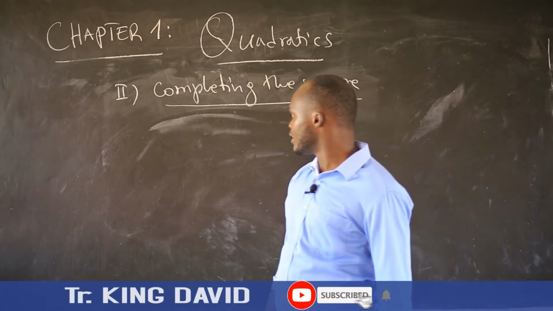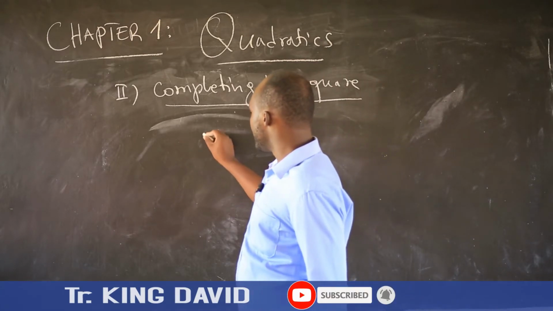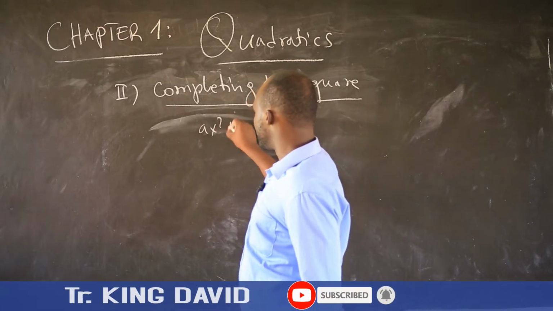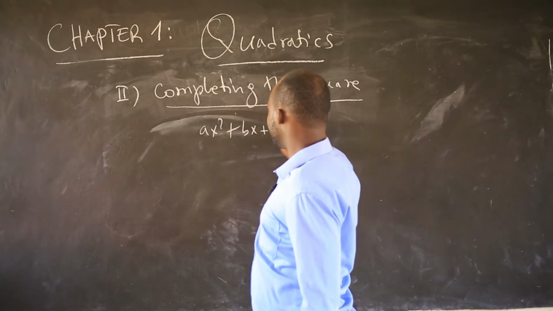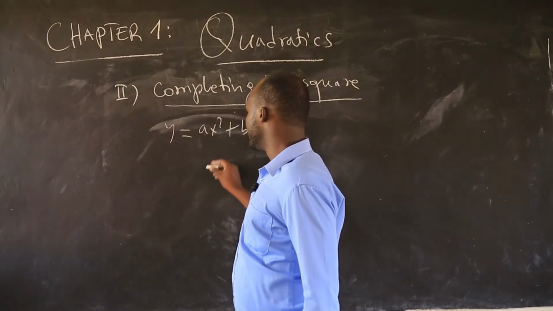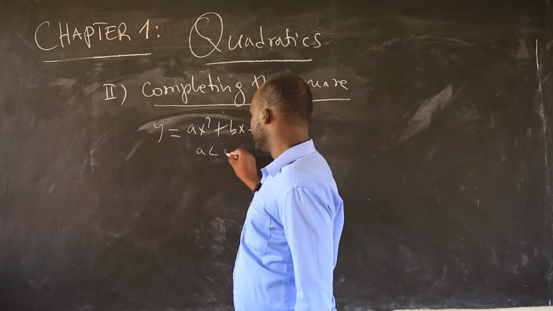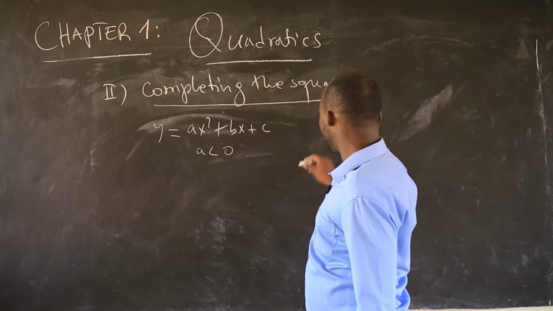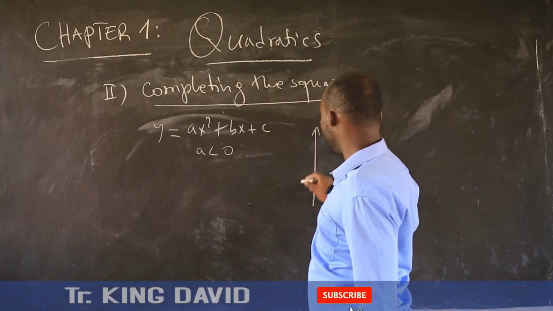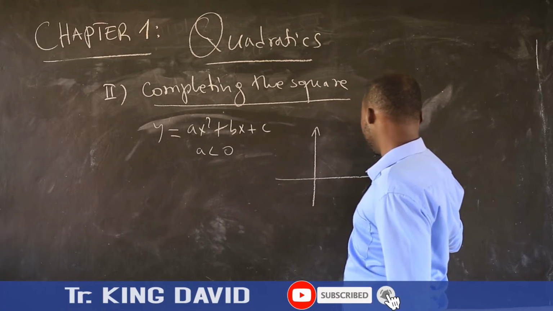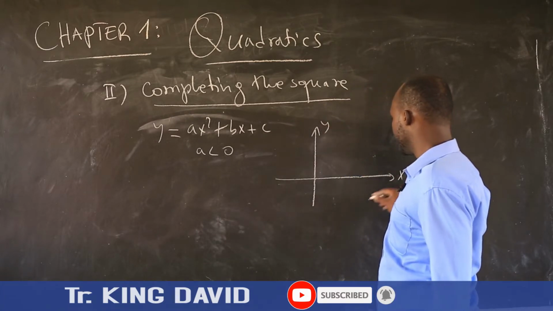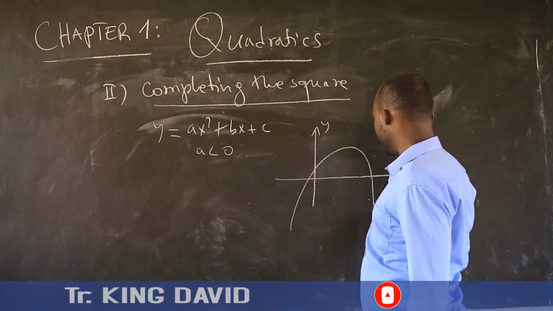Let us proceed. I've said when you have ax squared plus bx plus c, or y equals that, and a is negative, the graph's concavity will open downward. This is y, and this is x. It will open downward.